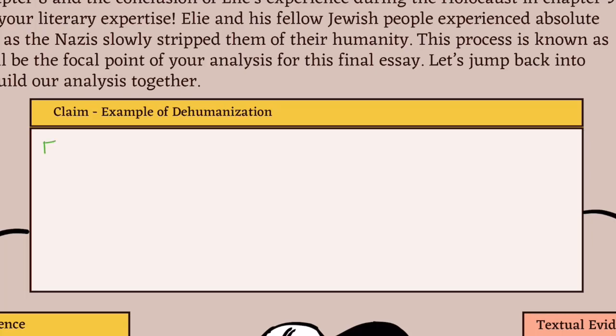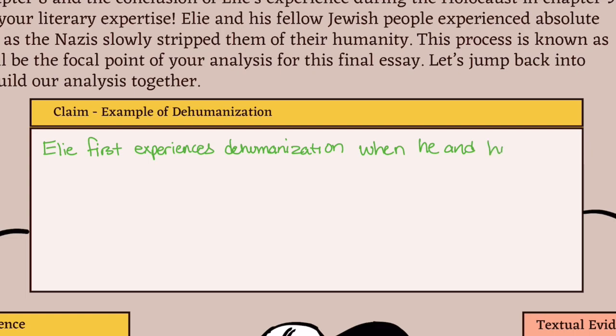So we can say something like, Eli first experiences dehumanization when he and his family are separated from society.